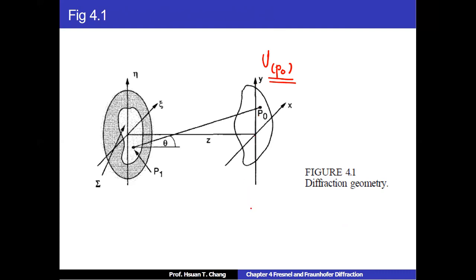This is the observation point, and we have the observation plane. Then we have an aperture plane, and the aperture plane and the observation plane are separated by z. We assume that they are parallel.